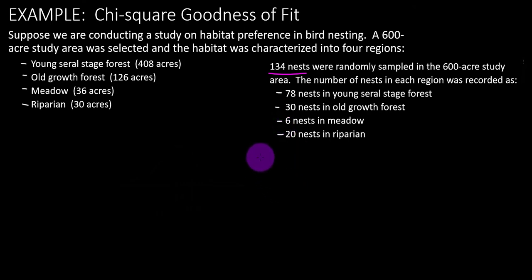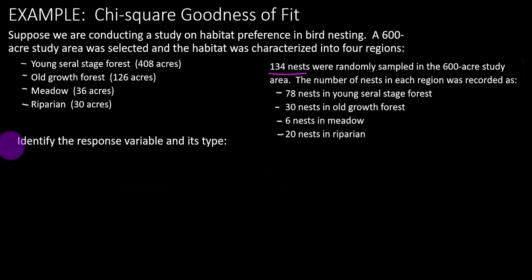Okay, so why are we utilizing a new kind of test? Why are we not just using a t-test? To help address that question, let's identify the response variable for the study and what type of variable it is.